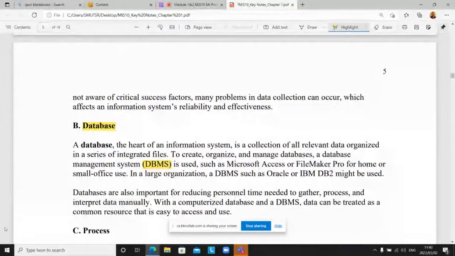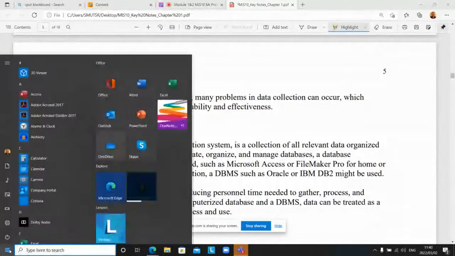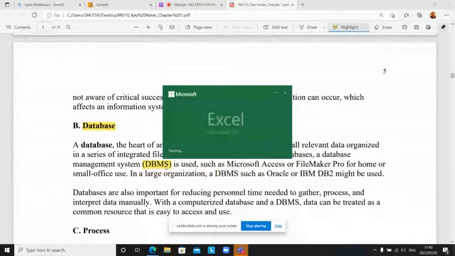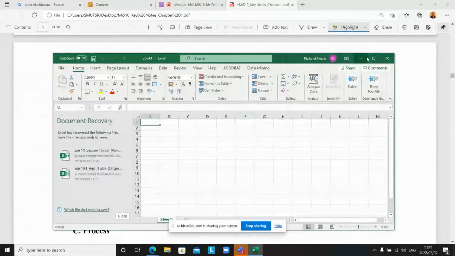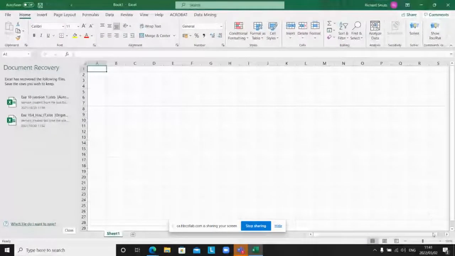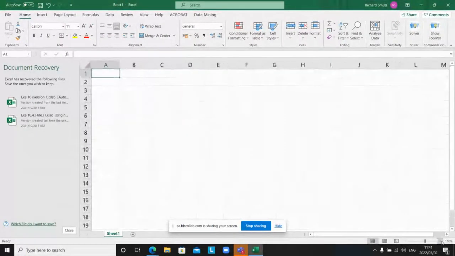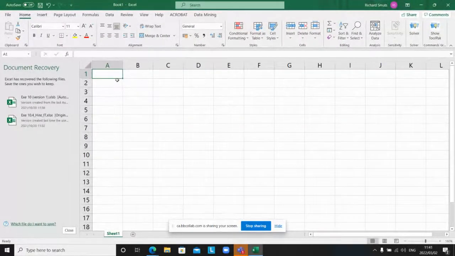And to give you an example, I can open my Microsoft Excel. I can open a blank spreadsheet. And I can start storing information in here like I would as a lecturer. Student.